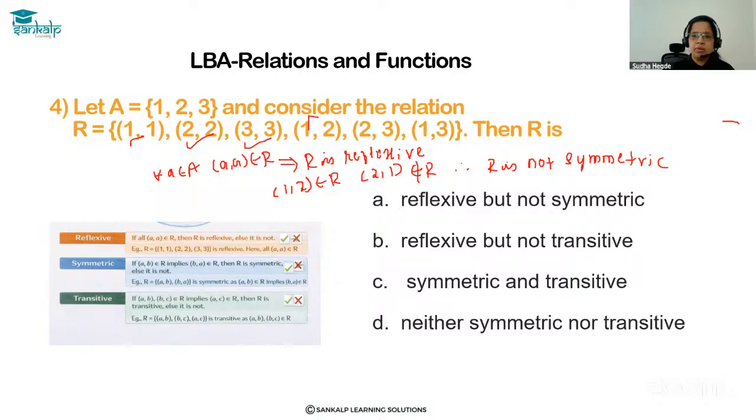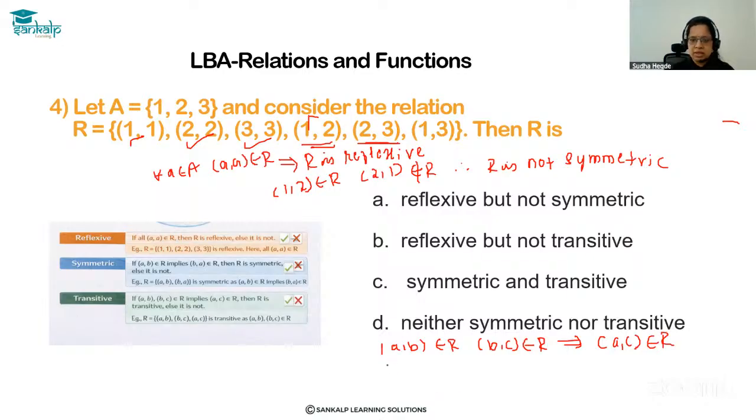Now consider (1, 2) belongs to R, (2, 3) belongs to R, and also (1, 3) belongs to R. What is the transitive definition? (a, b) belongs to R, (b, c) belongs to R implies (a, c) belongs to R. This is the transitive definition.